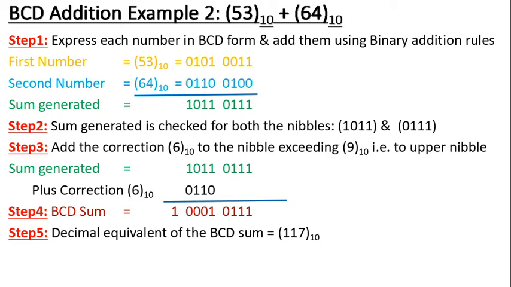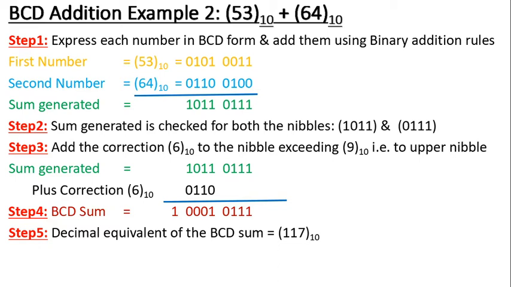In this example, 53 decimal plus 64 decimal on a calculator gives 117 decimal, and that is what is written in step number 5 at the bottom.